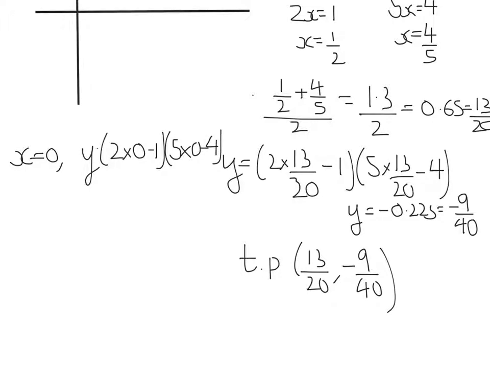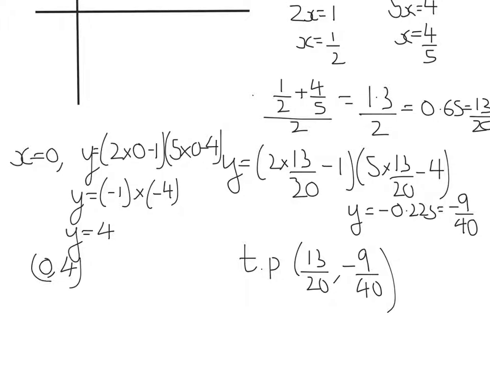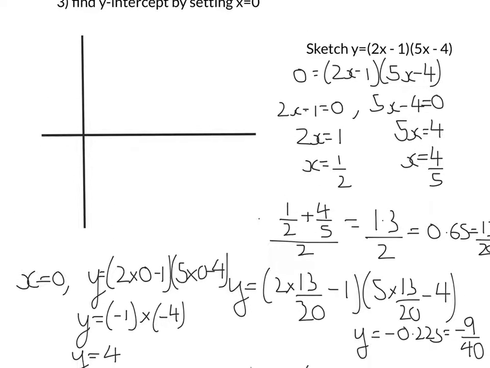Well, anything times 0 is 0. So I'm going to have 0 take away 1, which is negative 1, times by 5 times 0 is 0. So 0 take away 4 is negative 4. Negative 1 times negative 4 is 4. So my y-intercept is 0, 4.